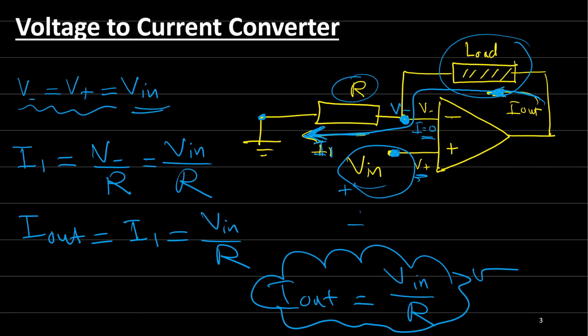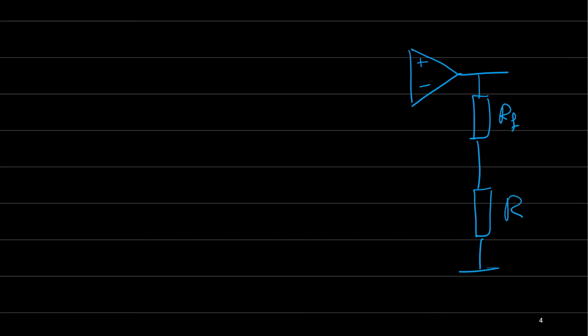Now, before going to the next circuit, let's revise the non-inverting amplifier. You have feedback resistor RF, and here we have a resistor connected to ground, and this is connected to the input, and the input is taken from here. This is V plus, V minus, and V out.